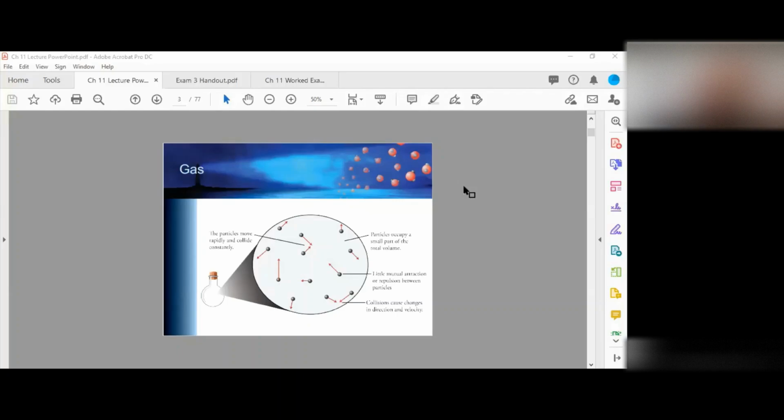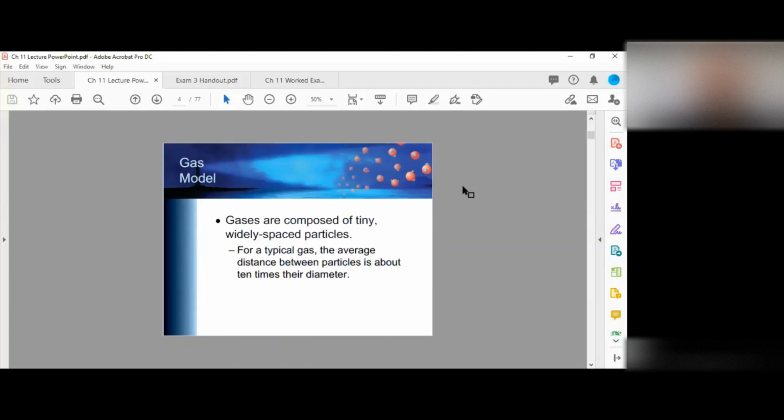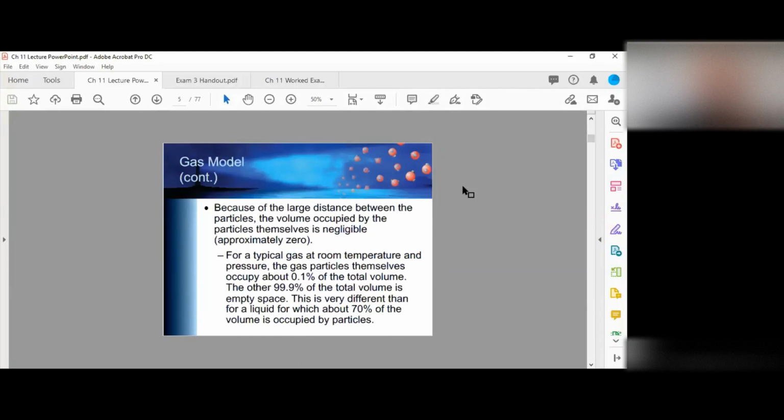So the kinetic molecular theory, once again, describes the gaseous molecules as basically tiny molecules where they move very randomly and independently. And when they move around, they basically collide with each other.